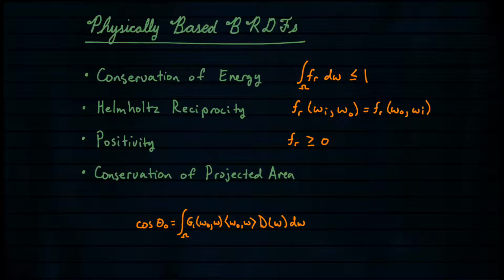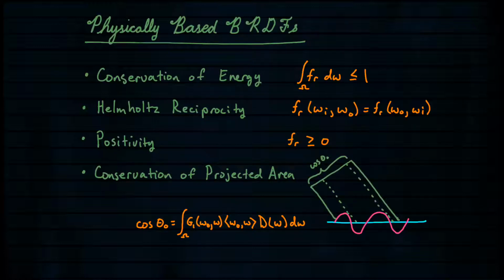So the way that we do this is by relating the masking function, which we call G1, omega O, which talks about how much of the reflection based on the microfacets is in shadow, that the cosine between the geometric normal and the outgoing direction cannot be greater than the cosine.